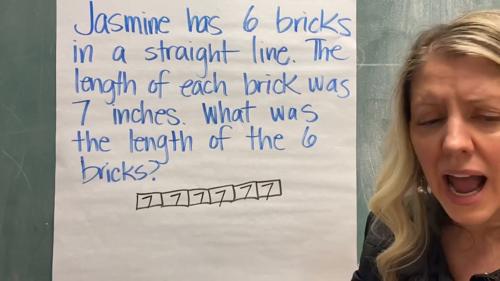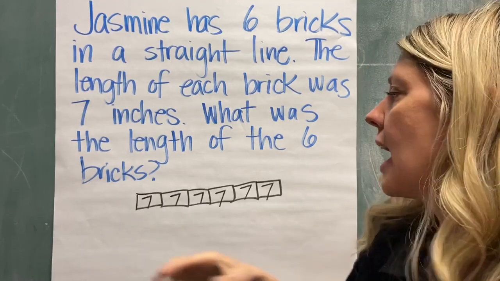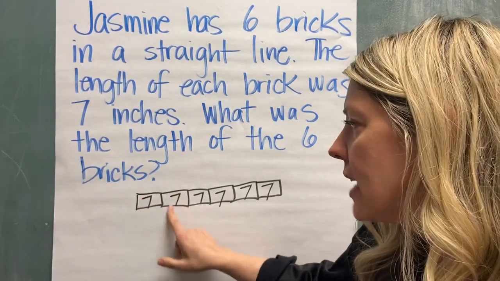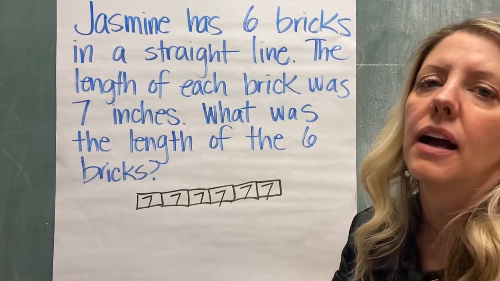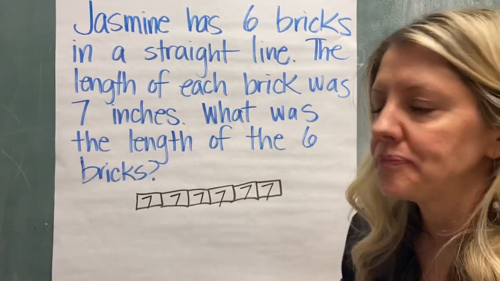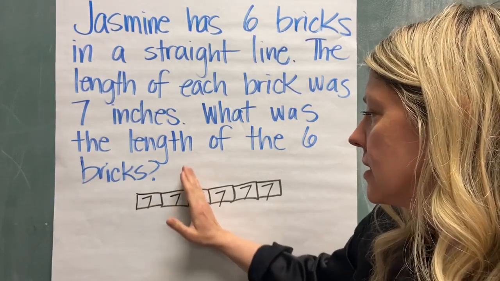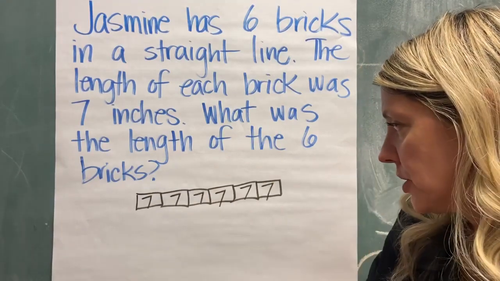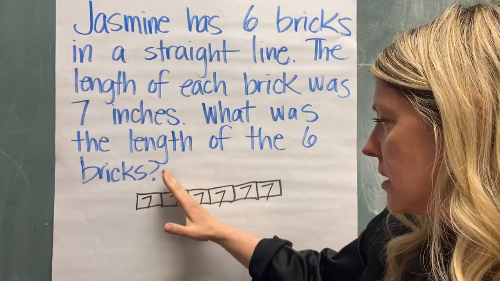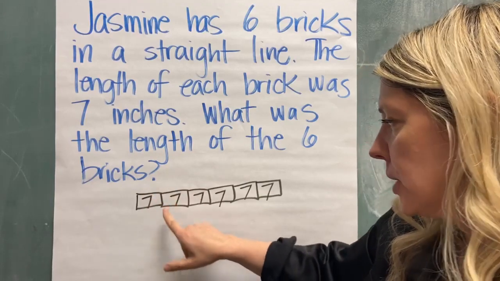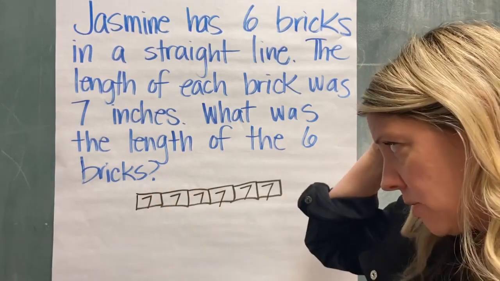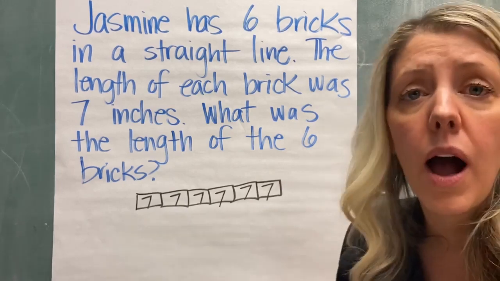Now, I know some of my facts. I know 2 times 7 is 14. And if I have 3 7s, 14 plus 7 is 21.